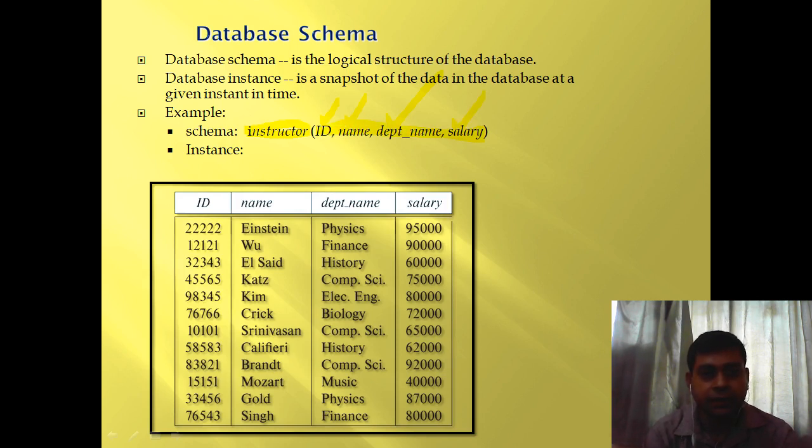So if we write in this way, instructor within opening and closing parenthesis, if we have this attribute set, then this is the schema definition, we can say. But what about the instance? When we have a particular time, let's say at this moment, these are the values which are present in this particular schema of instructor, then it is called an instance.